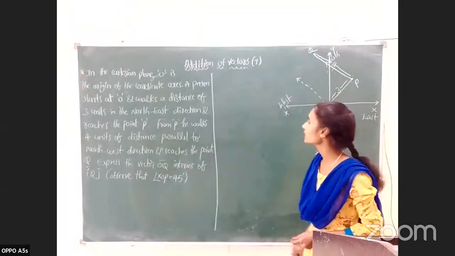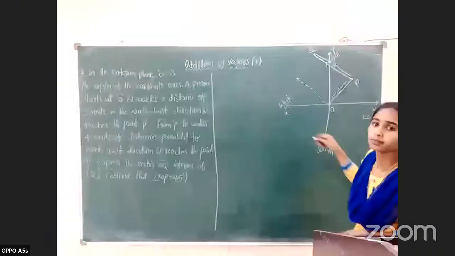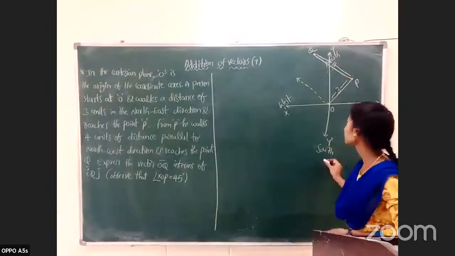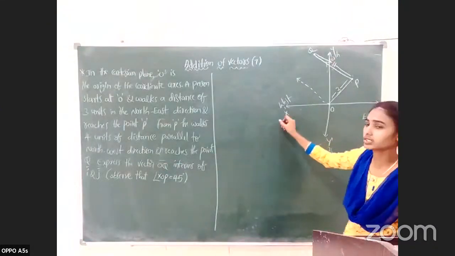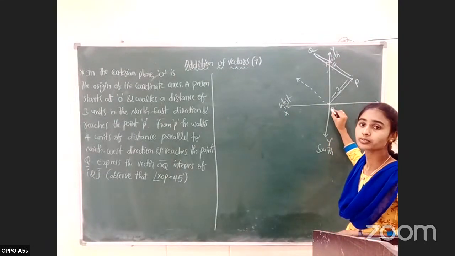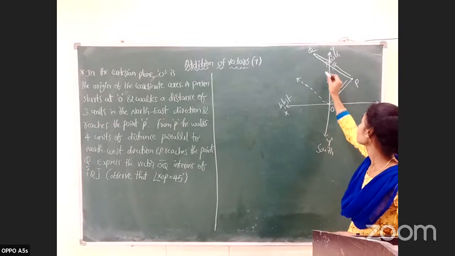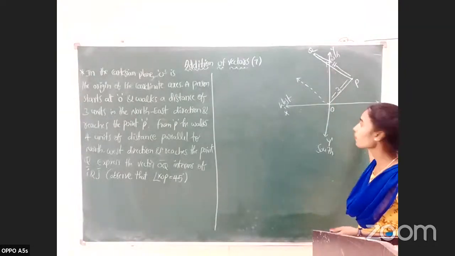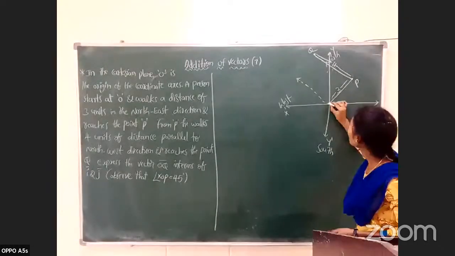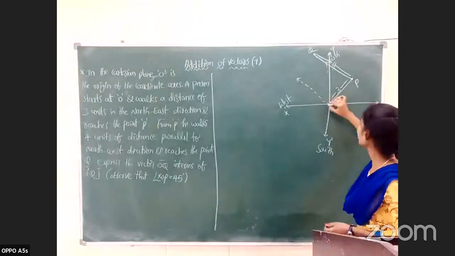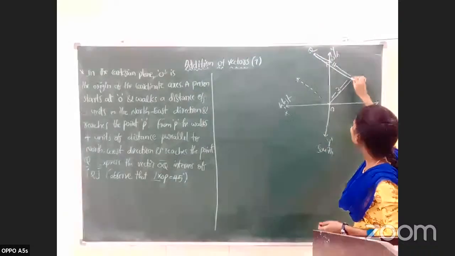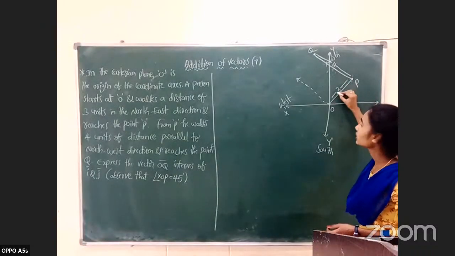See the problem once again. They give a Cartesian plane with O as origin. So this is the north and this is the south, east and west directions. A person starts at O and walks a distance of 3 units in the direction of northeast and reaches the point P. Means he starts at this place and walks in this direction. It is the northeast direction and he reaches the point P, at a distance of 3 units.